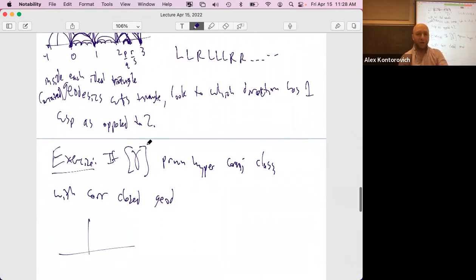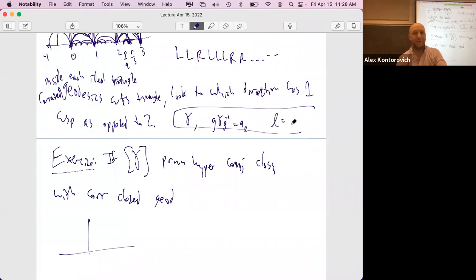So if you have a primitive conjugacy class, so let's say we have this gamma. Okay, we can diagonalize it. So gamma inverse is some AL. We know what the ALs are because they come from the eigenvalues of gamma. We know what the length is. The length we already said is determined by the trace, which also controls the eigenvalues.